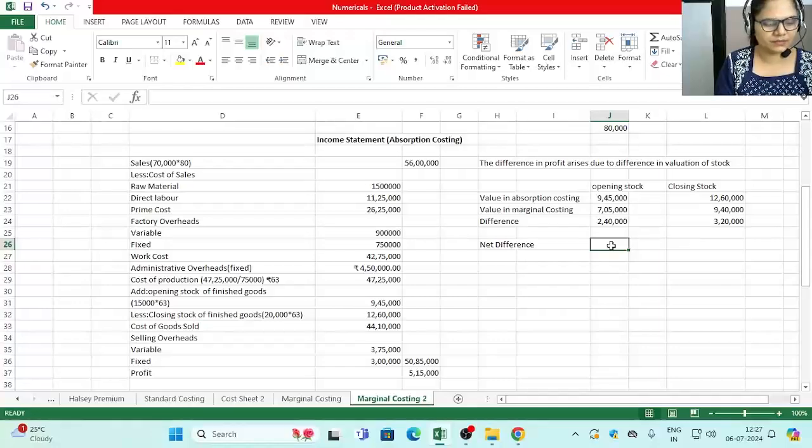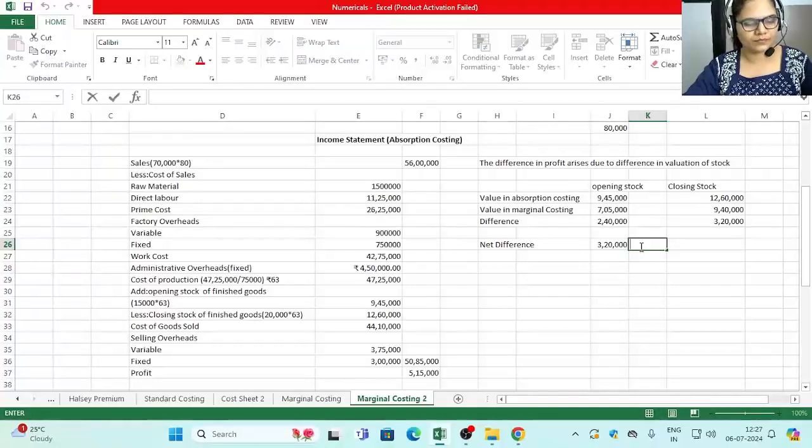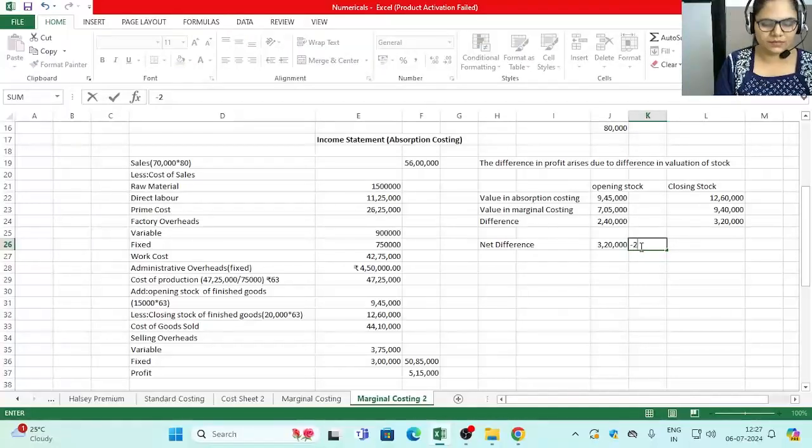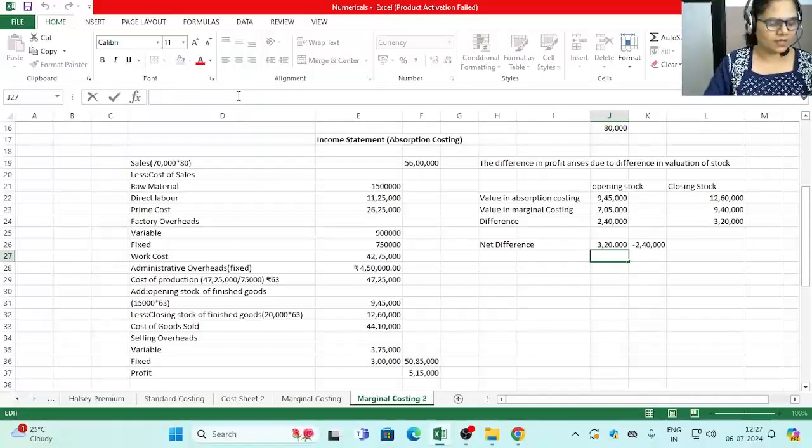That is, 3,20,000 minus 2,40,000 will give you 80,000. 80,000 is the net difference.